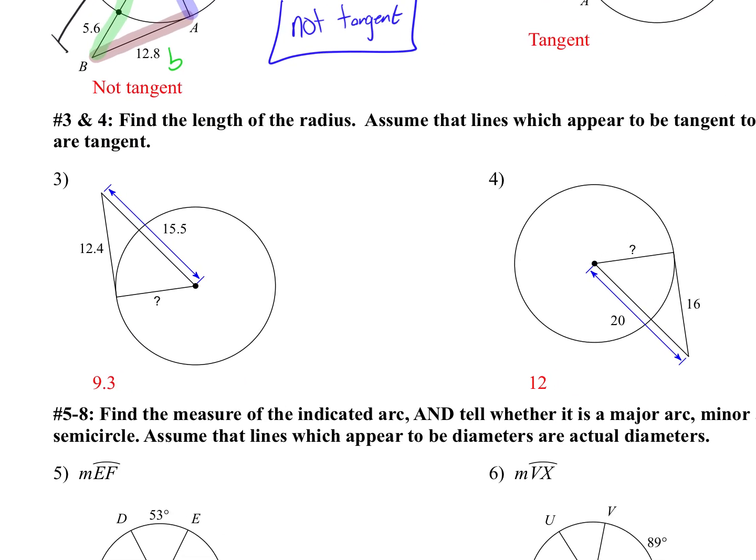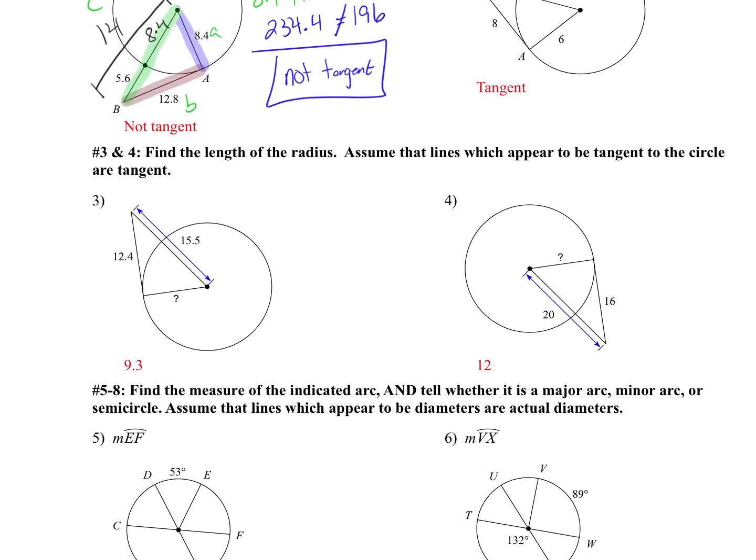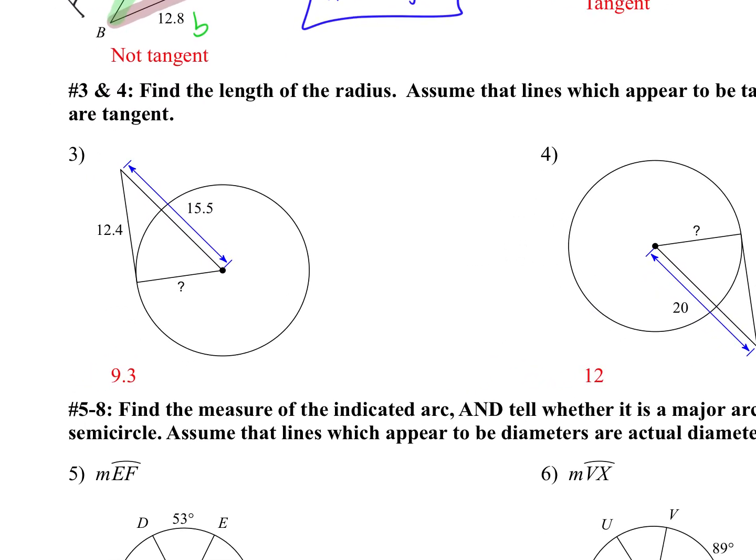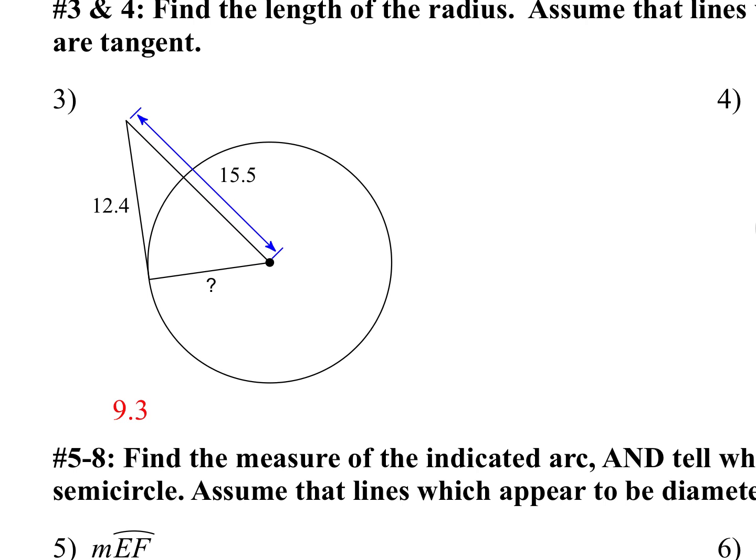Number 3 says, find the length of the radius. Assume that lines which appear to be tangent to the circle are tangent. Okay. So the ones that appear to be tangent, that would be this one right here. If that's tangent, what kind of angle does it make with the radius? Yeah, 90. So if that's tangent, that means that's a 90-degree angle there. So what kind of triangle is this?